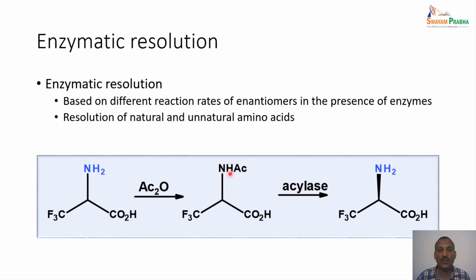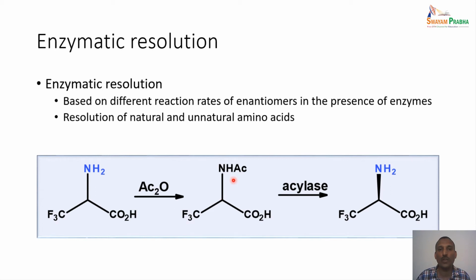Once this N-acetyl derivative is formed, it is subjected to hydrolysis by acylase. That means the acyl group is cleaved by this enzyme. This cleaves only one of the isomers exclusively, and the other isomer is not hydrolyzed at all. That is because this involves the catalytic site, and in the catalytic site only one of the isomers can fit very nicely.